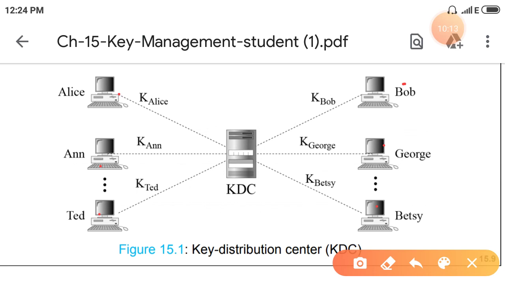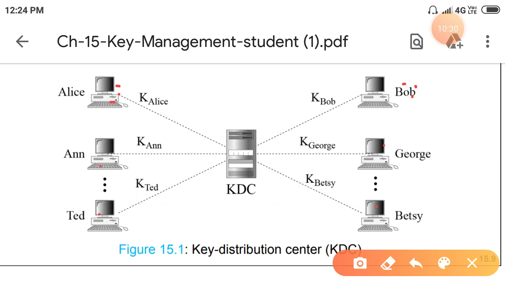Now what is our task? A wants to communicate with B. So here we need a session key. There are two different keys we are talking about: the secret key and the session key.